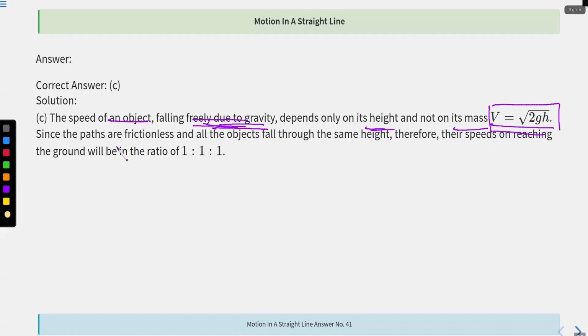Since the paths are frictionless and all of the objects fall through the same height, their speeds on reaching the ground will be 1:1:1, as it is frictionless and not dependent on mass. So the ratio of speeds when they reach the ground will be the same, that is 1:1:1.